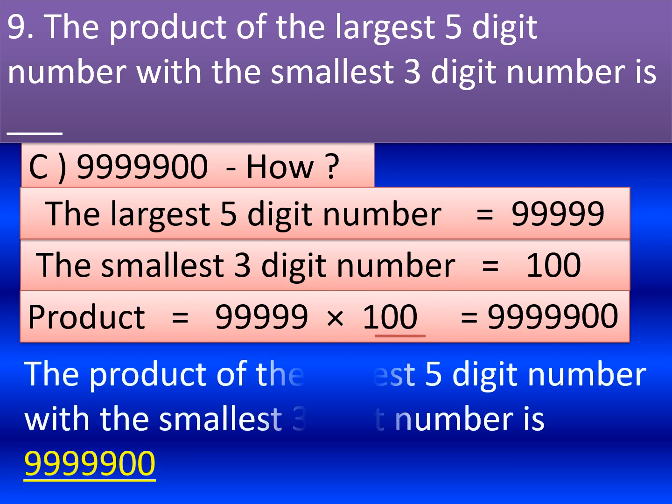So, the product of the largest 5-digit number with the smallest 3-digit number is the largest 5-digit number with 2 zeros at the end. So, the final option C is the correct one.